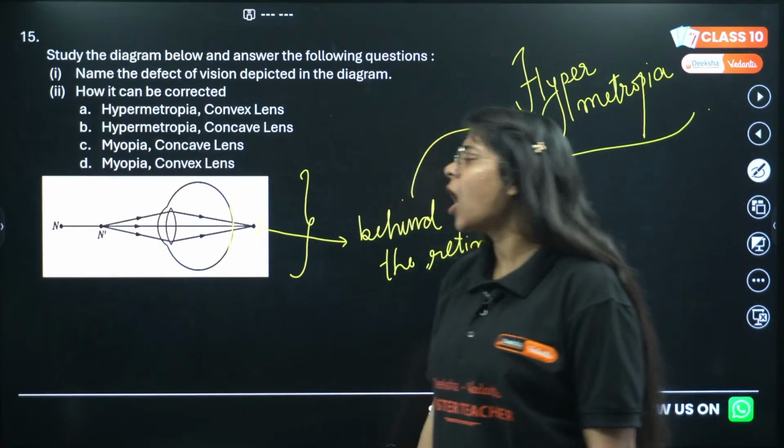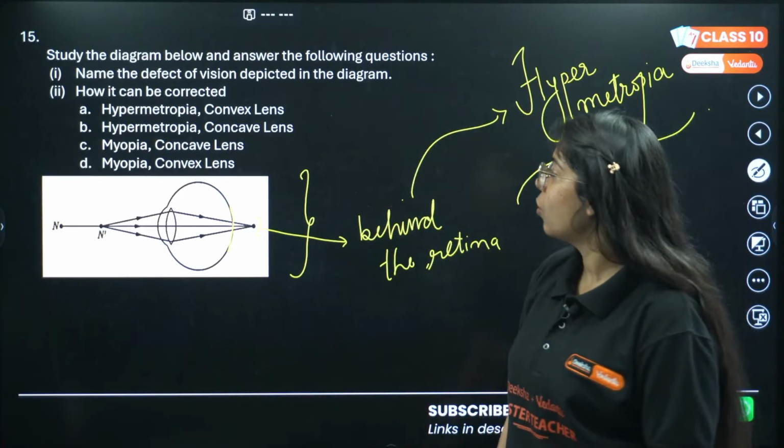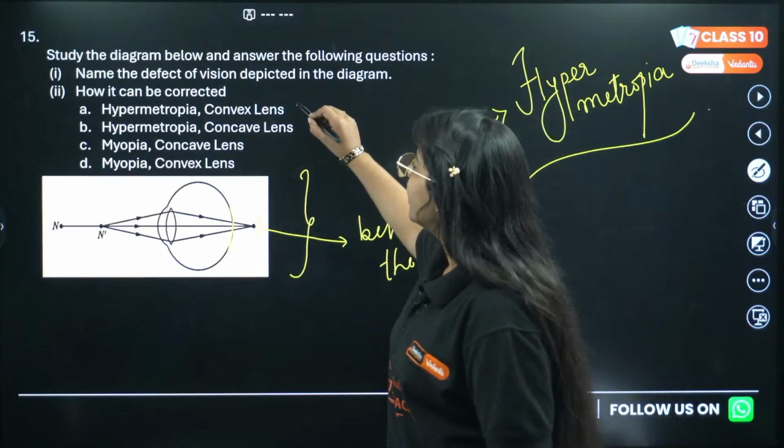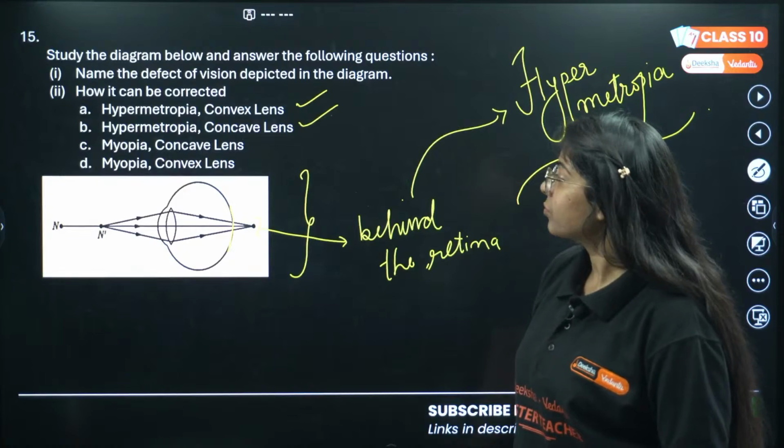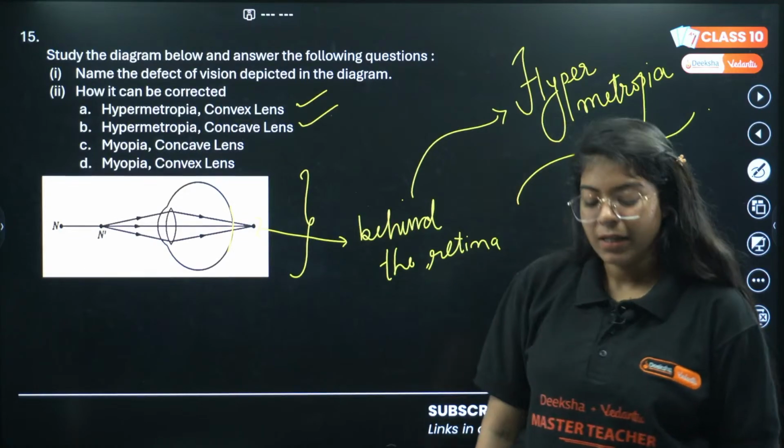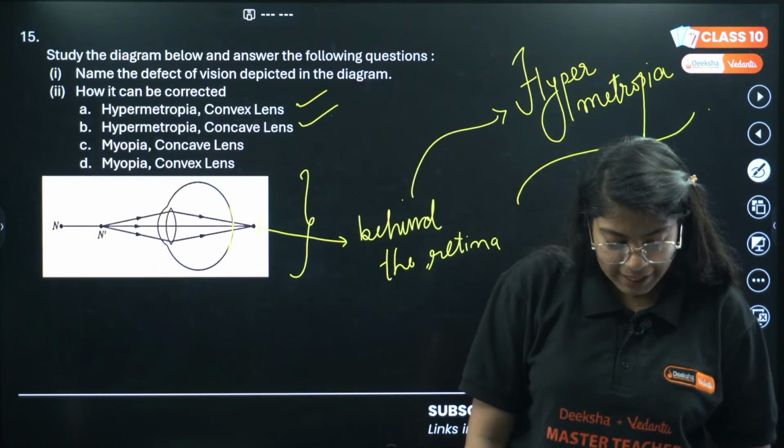Second question: how can it be corrected? We had options, A or B. Now answer me: how can this defect be corrected, using a convex lens or a concave lens?